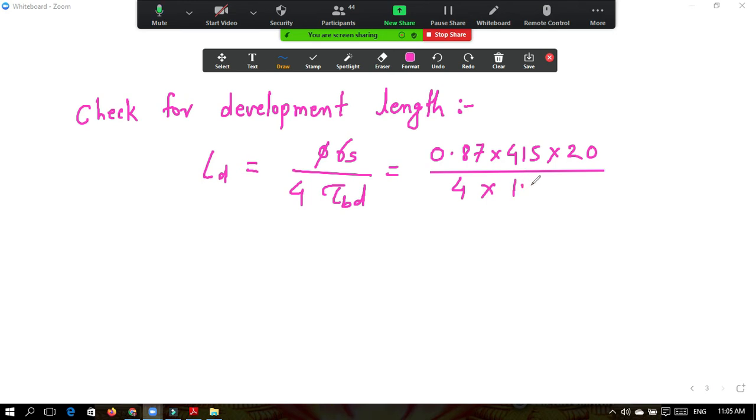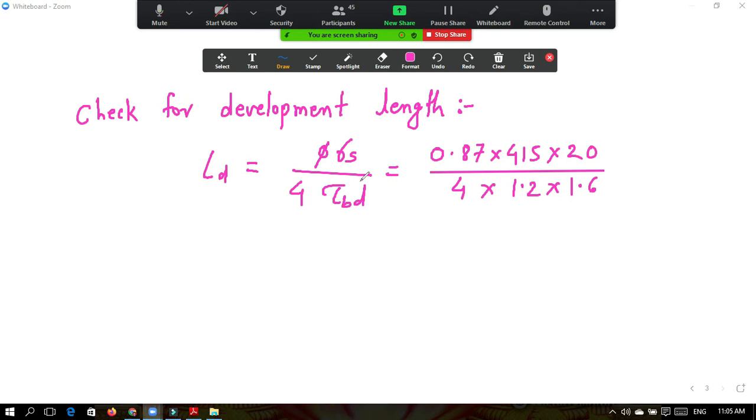What is the value of tau bd? The value of tau bd is 1.2 for M20 concrete, but in the tension zone we need to increase the value by 60%, so multiply this by 1.6. If the grade of concrete is changed, then this value also changes, and it is given in the IS code, I think in Table 20 or somewhere.